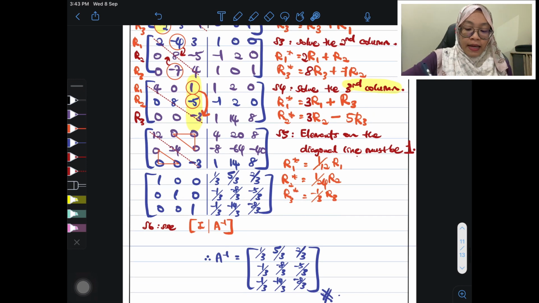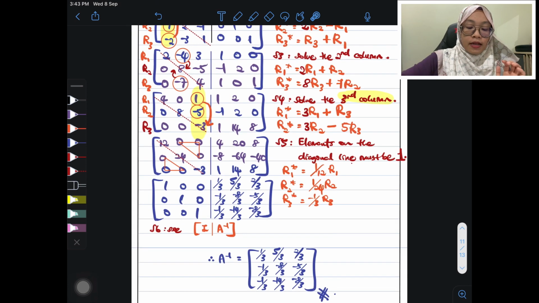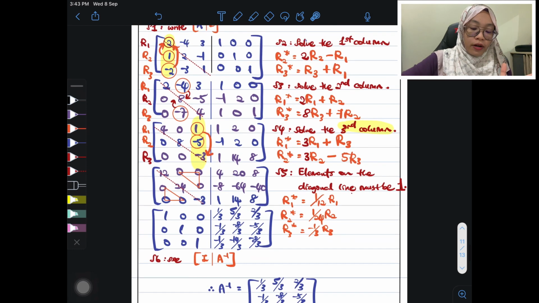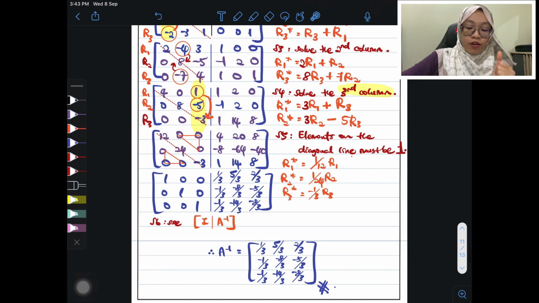And so I am very comfortable with this way, because I only meet numbers, even though the numbers are rather big, I can compute, add and subtract easily. Alright, so that's all from me for the method of ERO. I'll see you on the next video.